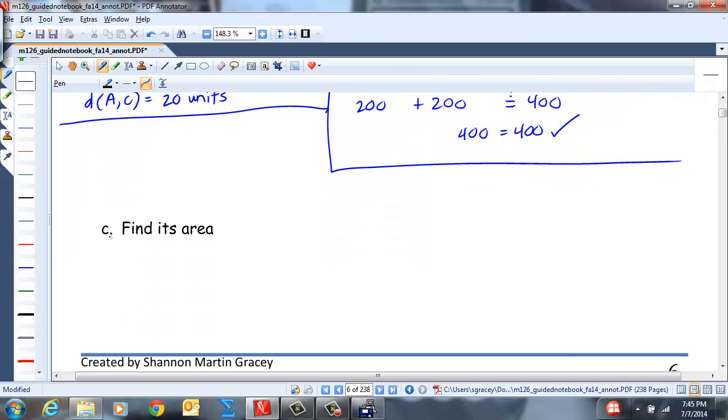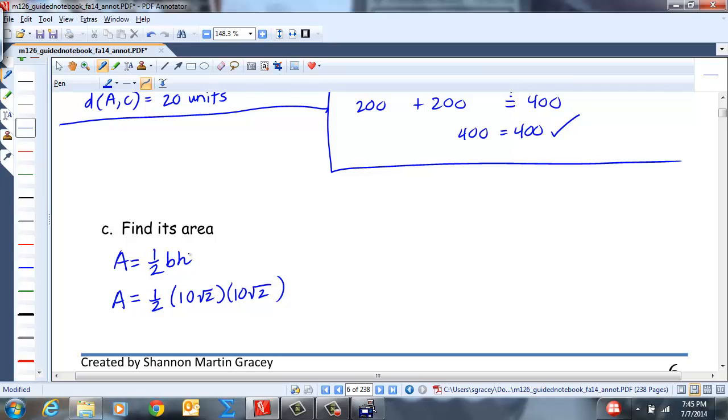So in general, area of a triangle is half times base times height. So the area is equal to half, and the base is equal to the height in this case.